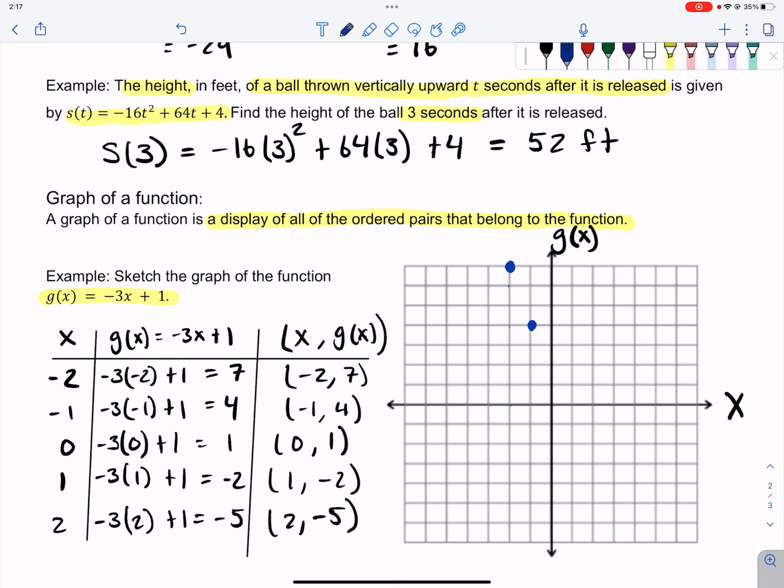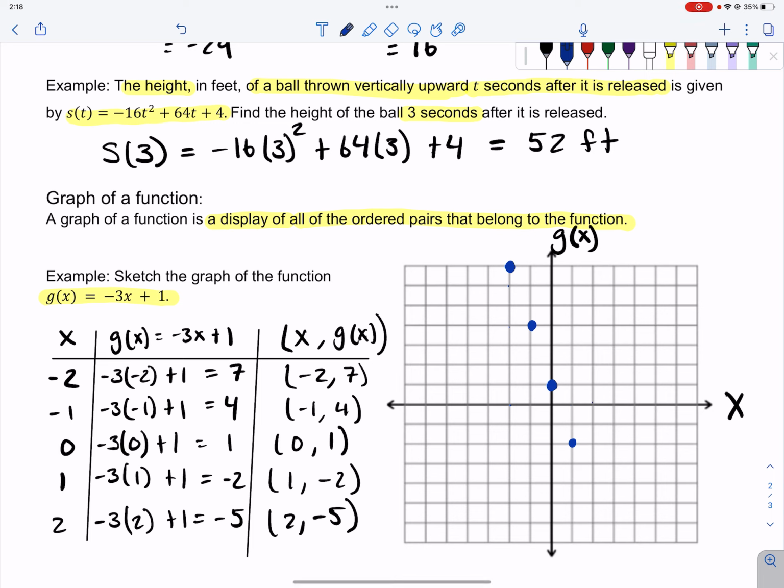Next one, we have 0, 1. So that means we're going to be on the vertical axis, and then we just need to go up 1. Next one, we have 1, -2. So we're going to go to the right 1 and then down 2 from our origin. And then lastly, we have 2, -5.